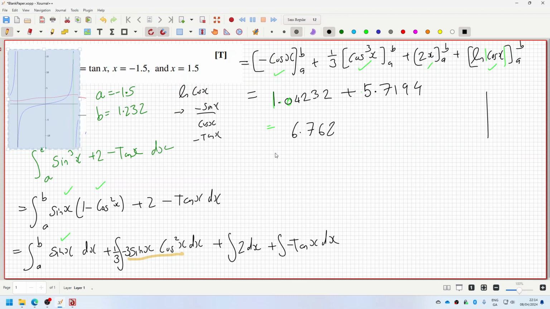So let's calculate the extra piece. The curves have swapped places, so it's just a sign flip. So it's basically going to be the same integration, but just multiplied by minus. But then it's 1.23 to 1.5.